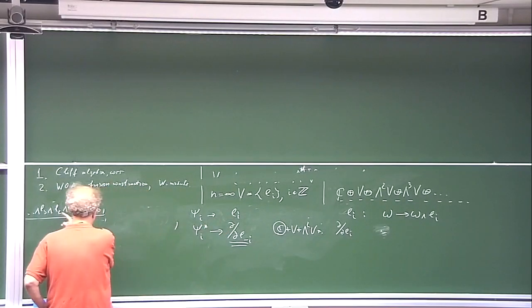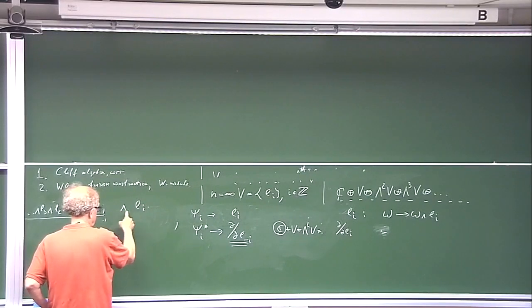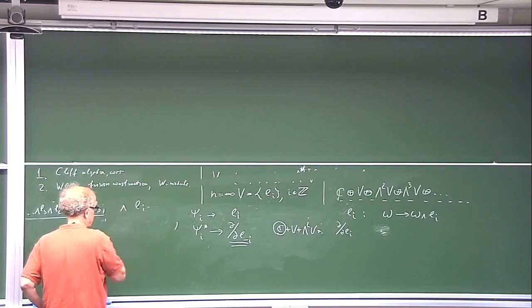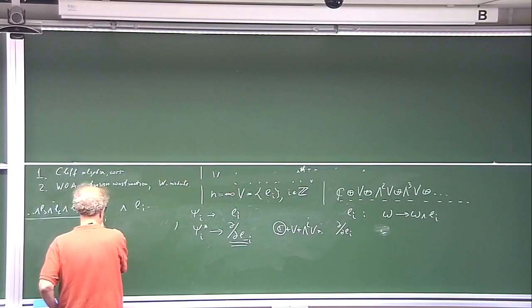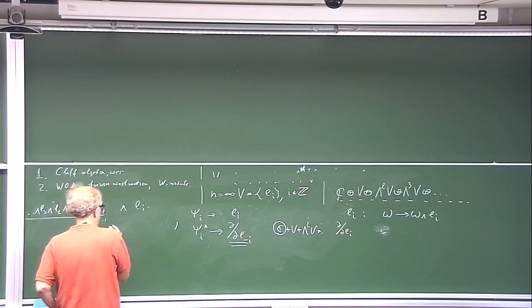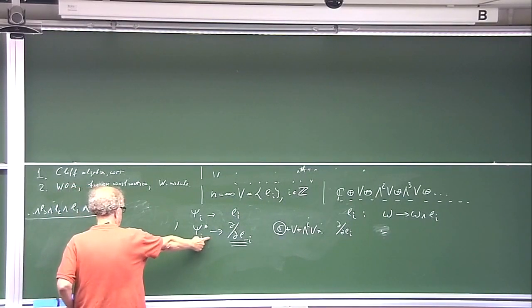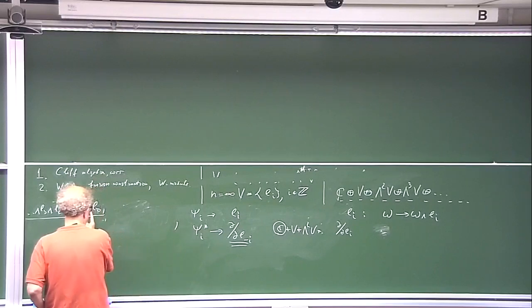It means I can take this and write down the product to e_i. So if i is negative, I get something new. If i is 0 or positive, it is 0. Or I can consider this operator and apply it to this.